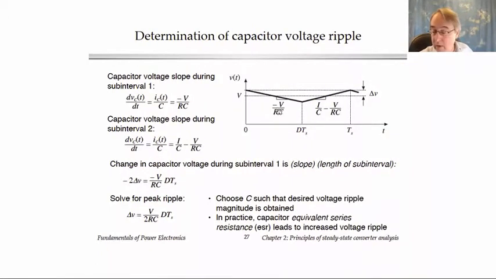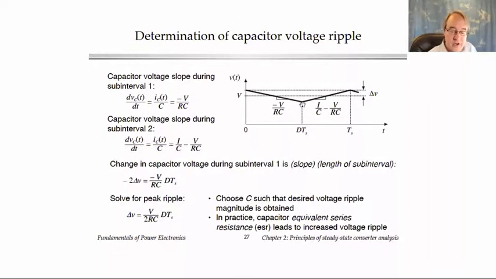We can do a similar thing to find the capacitor voltage ripple. We found the capacitor current, and from the capacitor current, that tells us the slope, and we can find the ripple on the capacitor. Okay, so what we found was that for the first interval, the capacitor current was minus the load current.